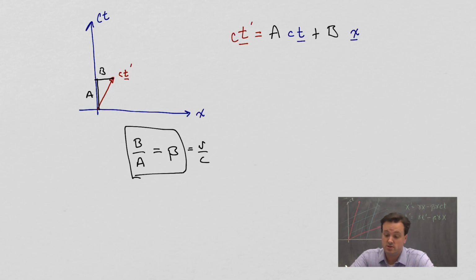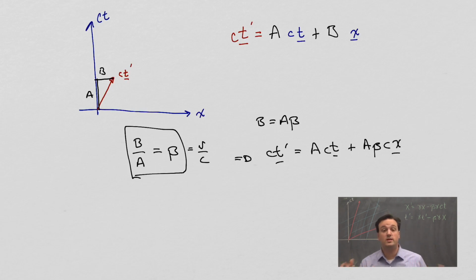So this produces an additional constraint that says that B must be equal to A times beta, and therefore CT prime has to be equal to A CT plus A beta X, right? So that there's really only one free parameter left, right? You can kind of think about it as the length of that unit vector in the unprimed frame, where that length somehow is determined by the interval.